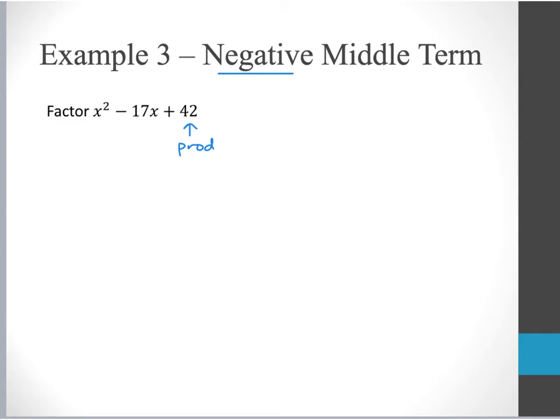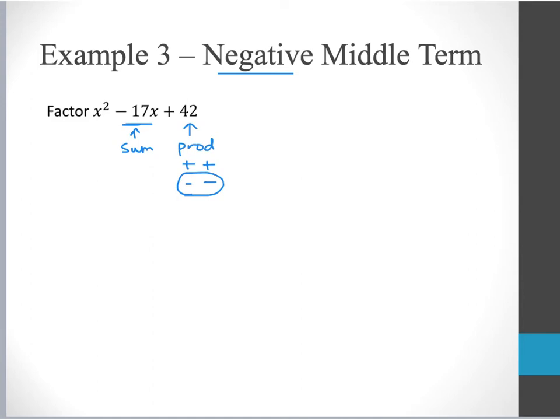To get a positive product of 42, I either have a positive times a positive or a negative times a negative. And because I have a negative middle term, which comes from finding the sum, a negative middle term with a positive c value tells me I'm going to have to look at the double negative case. So when I find my two factors, I know both signs are going to be negatives, and I'll show you what I mean by that.